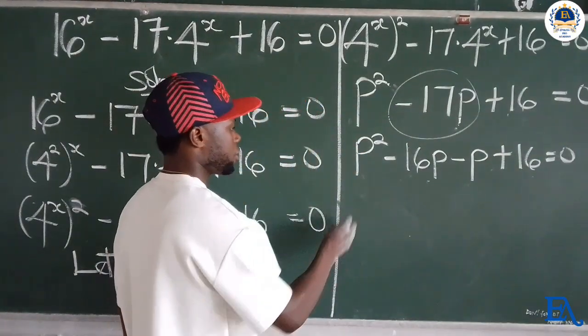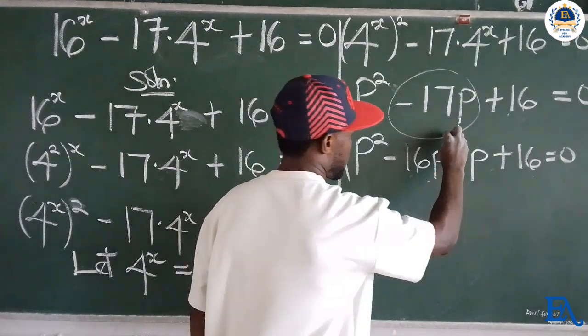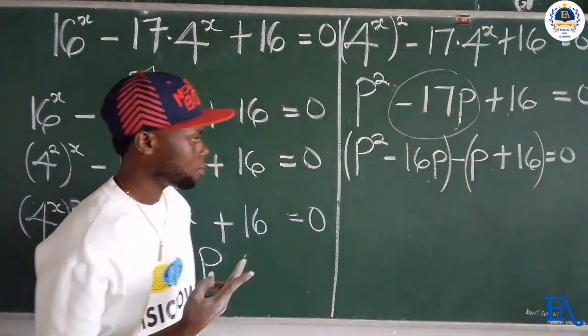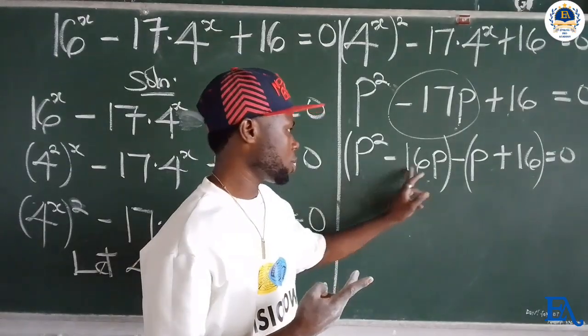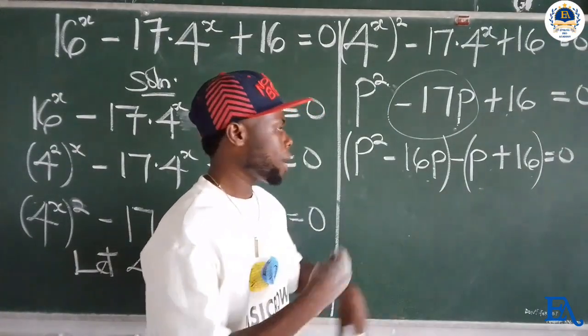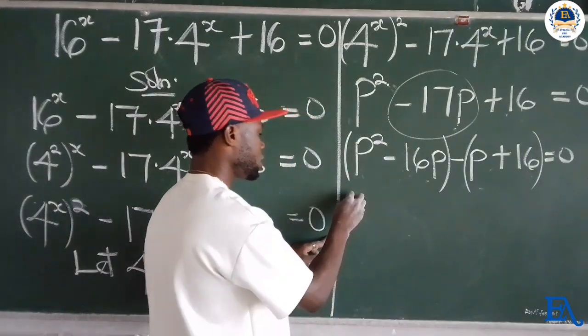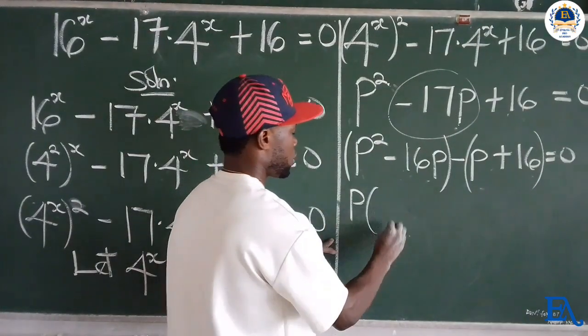So by pairing, we have two brackets, two terms in each. By pairing, we look for what is common between these two, and that is p in brackets.